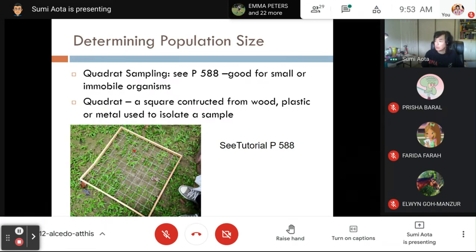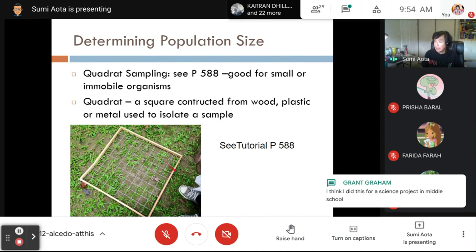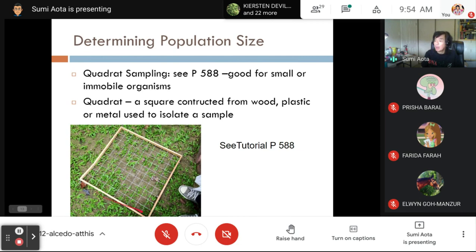So one, two, three, maybe four or five different squares. You then take the average of those squares and extrapolate that number to the area of the entire quadrat box to estimate what the population size will be in here.